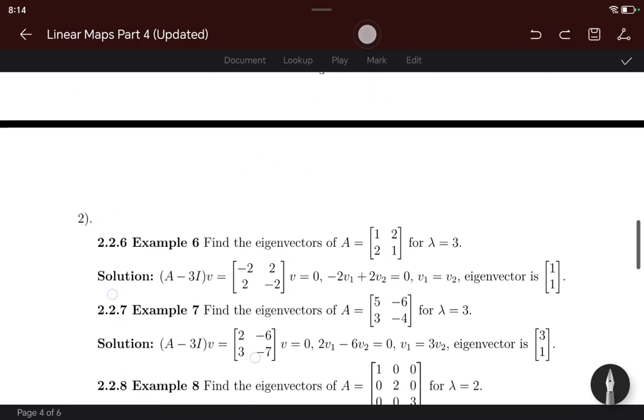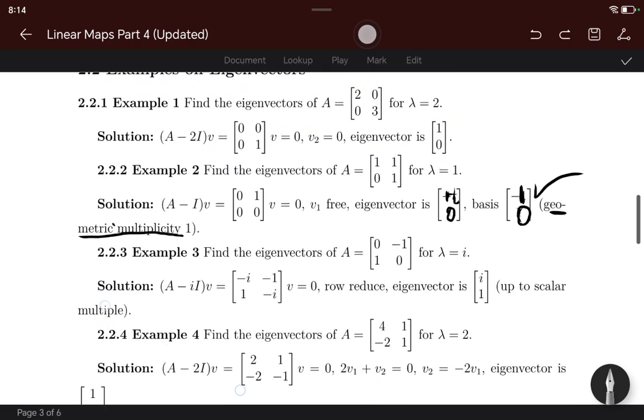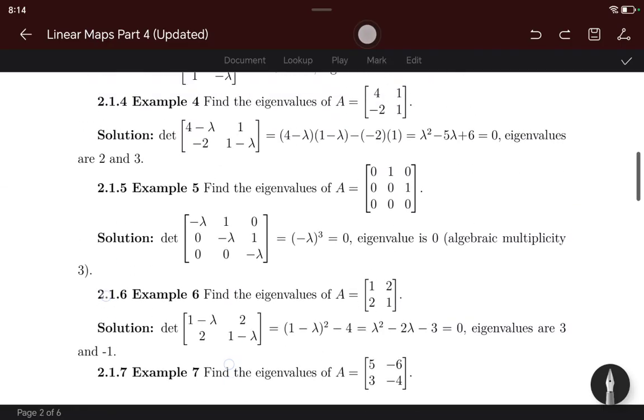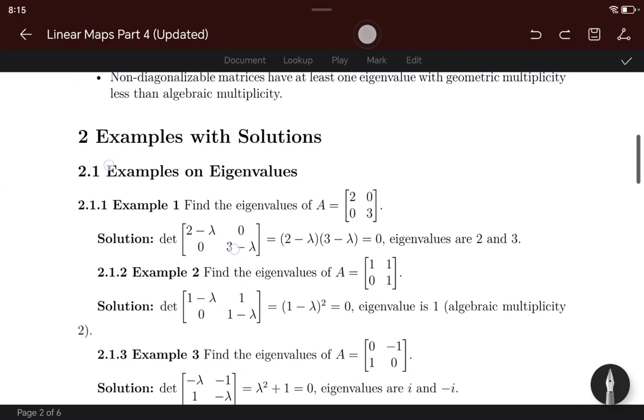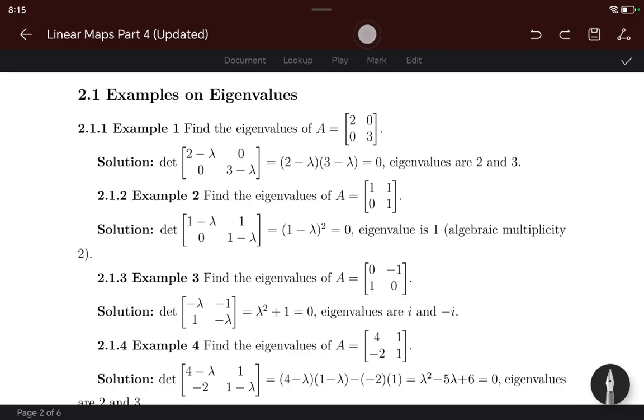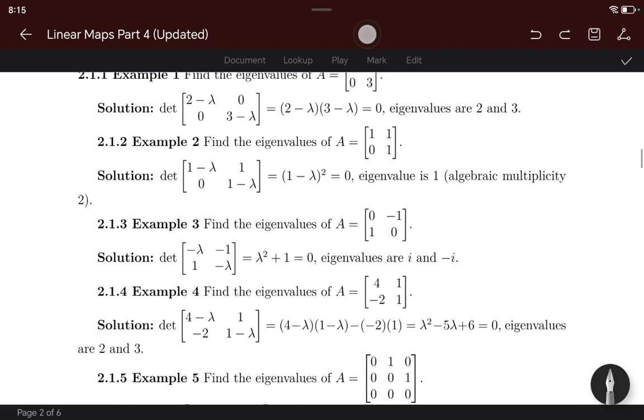There was a condition that said that the sum of the eigenvalues is going to be equal to the trace. If we check this, what is the trace for this? It is 0 plus 0. That's why here we couldn't get any real values.